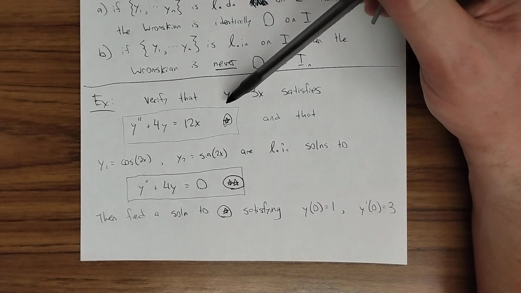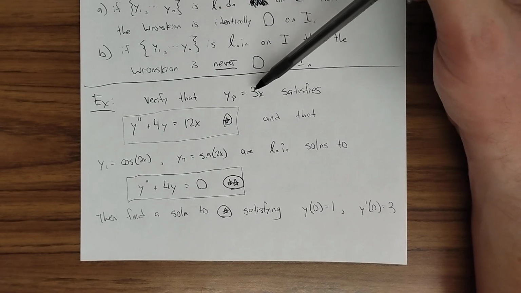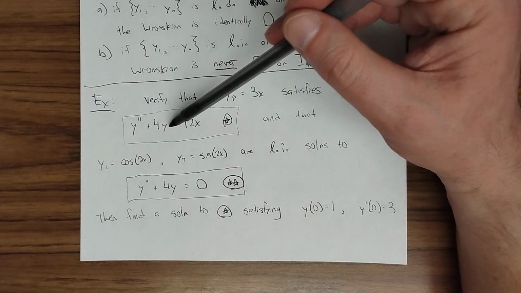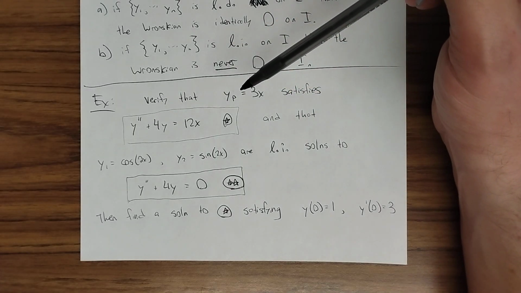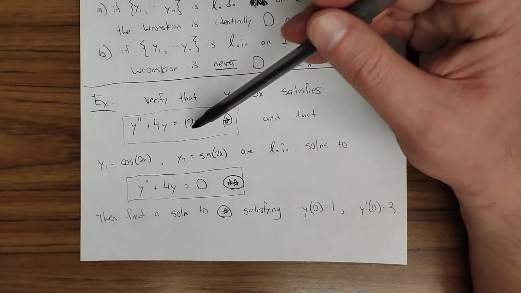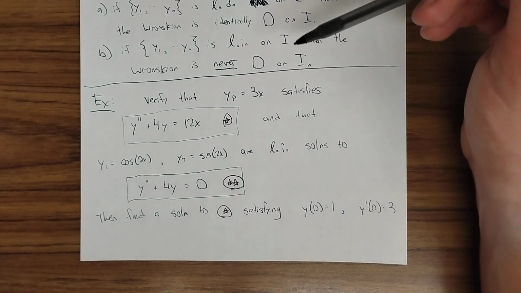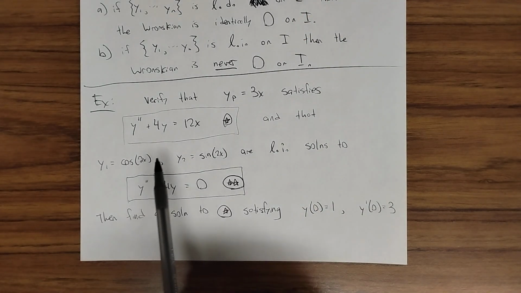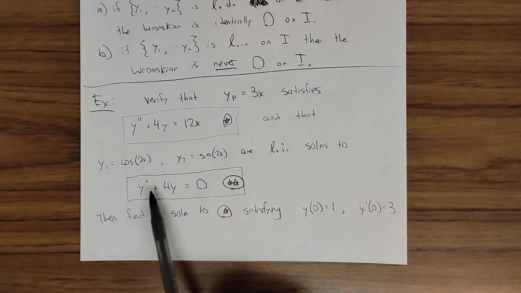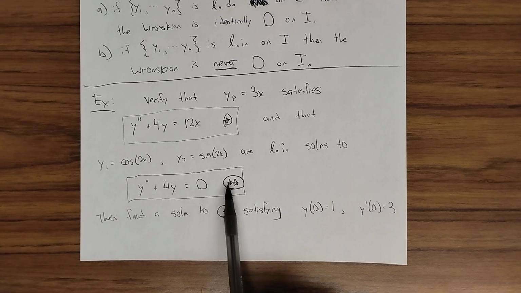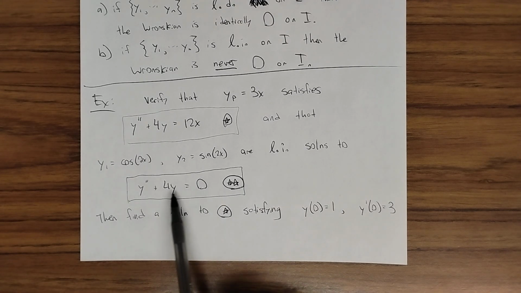We are going to verify that y sub p equals 3x is a particular solution to that, which will be easy. We did stuff like that the first day of class. And we will also verify that these two functions are linearly independent solutions to what I'm calling double star, which is just the associated homogeneous equation.